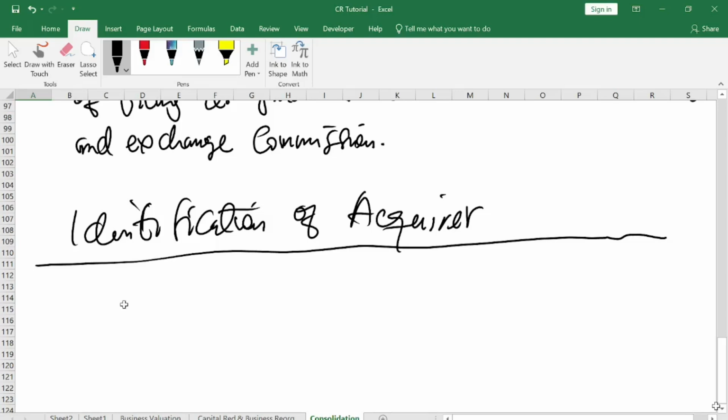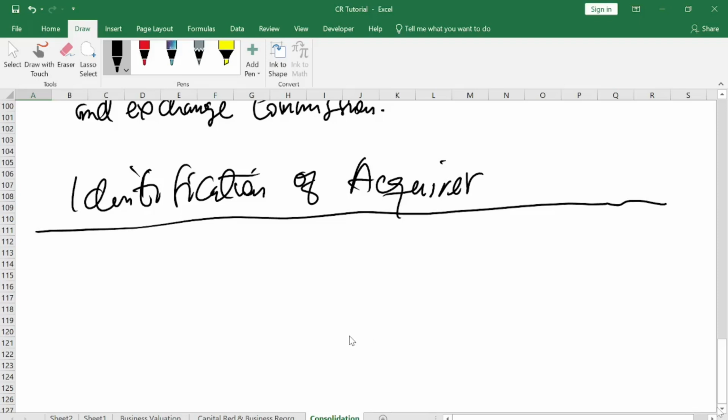How do you identify that in this business combination, company A is the acquirer or company B is the acquirer? In order to know which company is the acquirer, one, the fair value.